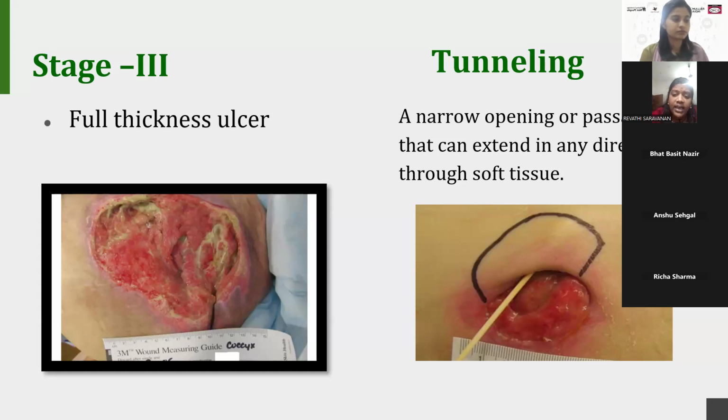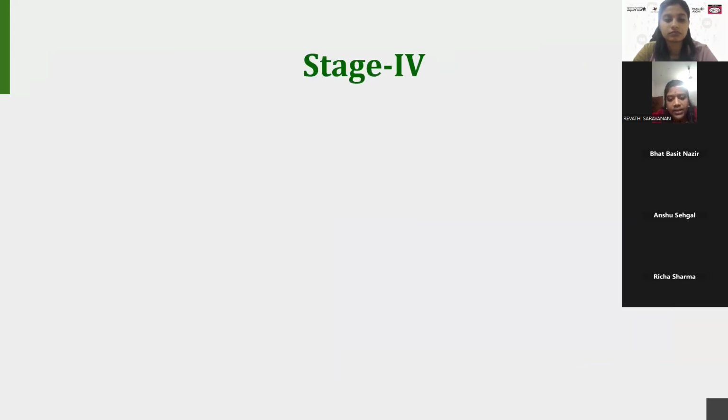You have to check with a sterile stick or clean stick to see how long the tunnel goes. This is the worst case in pressure ulcers. Then next slide, please.